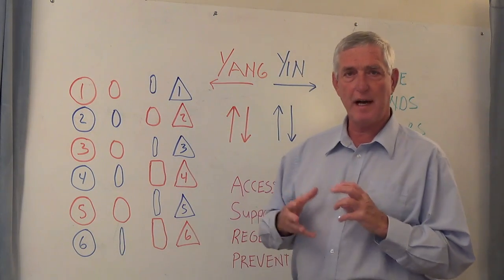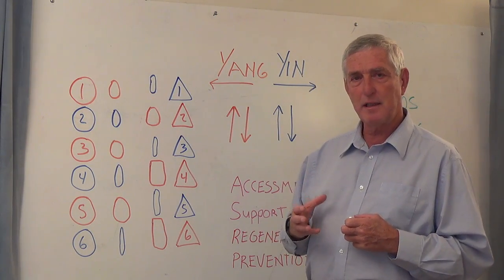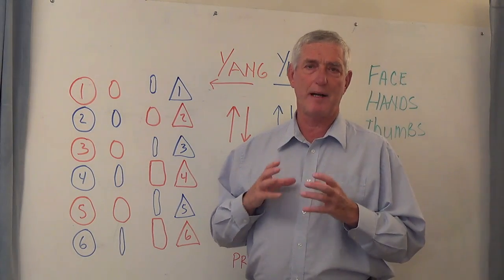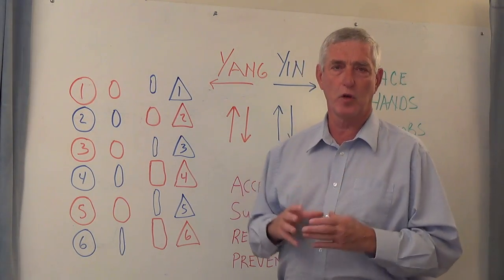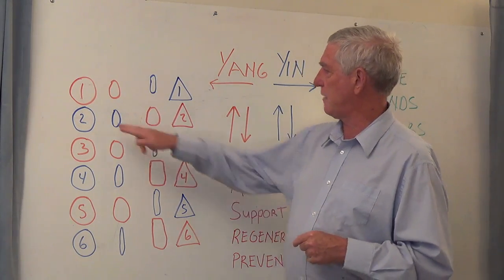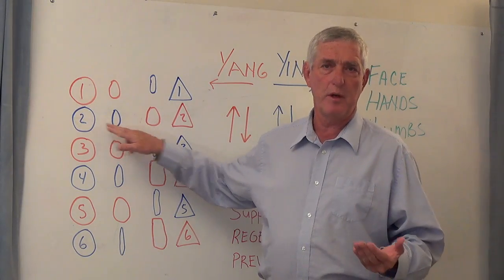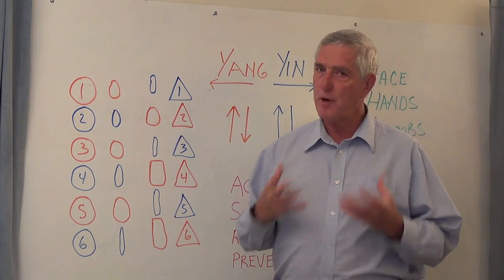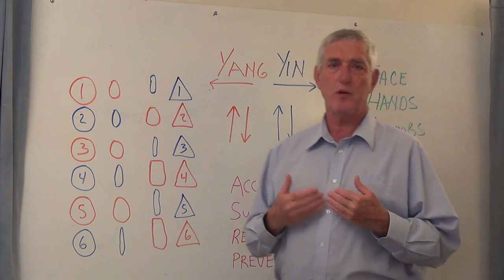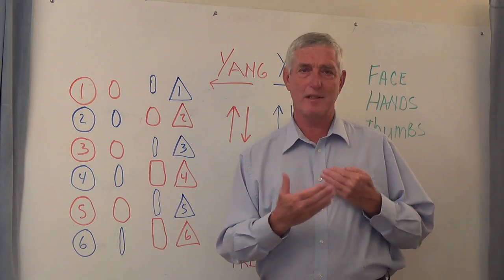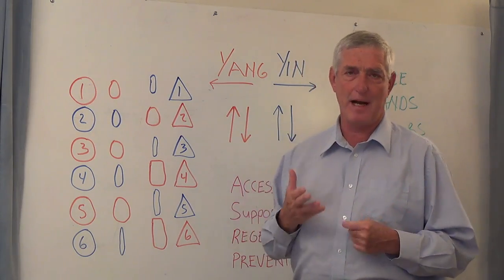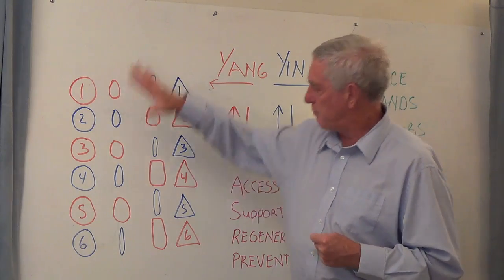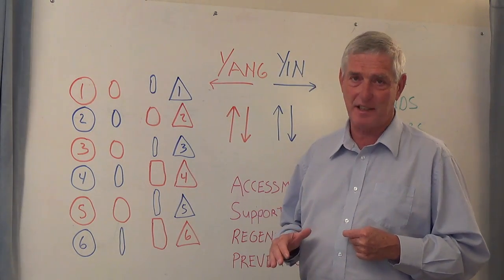And then what you'll find after you examine this for a while, there's a characteristic body type for number 1 girl. There's a characteristic body type for number 2, 3, 4, 5, and 6. And these are very predictable no matter where you go in the world or what type of cultural environment you find yourself in. These body types are very consistent.